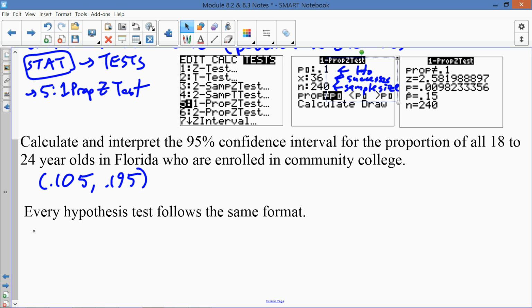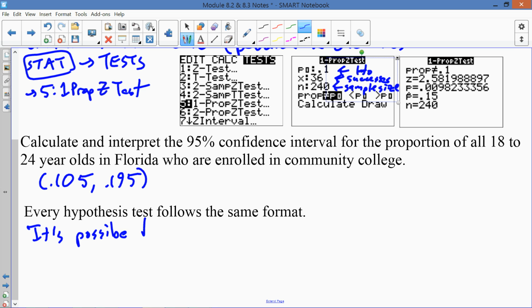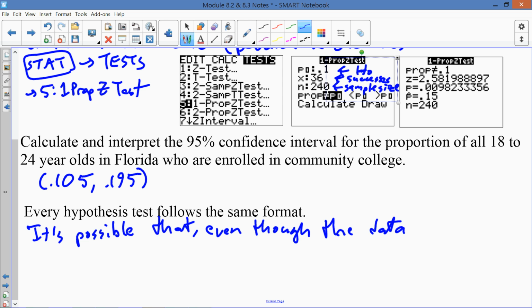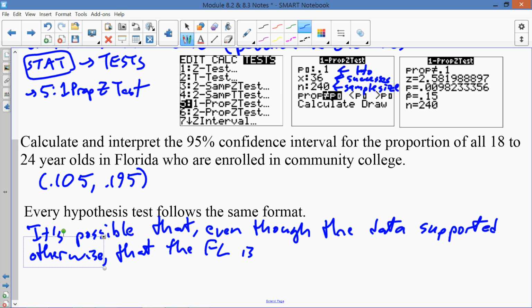So it's possible that, even though the data supported otherwise, that the Florida proportion is 10%.